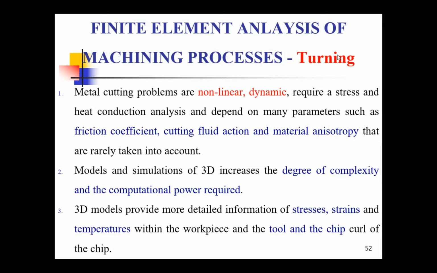When compared with 2D, these 3D models provide detailed information on stress and strains, the interface temperature, the type of chip produced, and all these things. So it is better to go with 3D models than 2D, so that perfect information on stress, strains, interface temperature, and the shape of the chip produced can be determined.